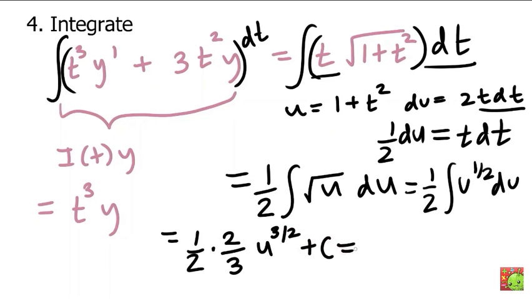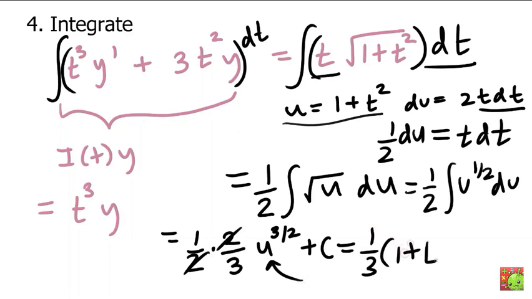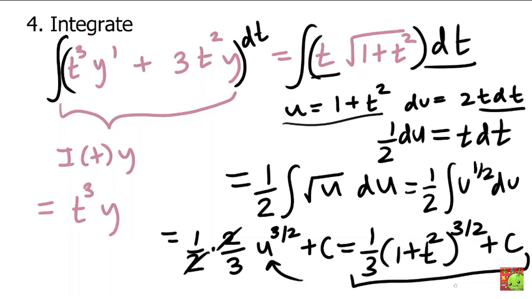Then we can simplify this and plug in our u, which is 1 plus t squared. Simplifying, we get one third, and plugging in for u, we get 1 plus t squared to the three halves plus c. So this is our right-hand side integral.